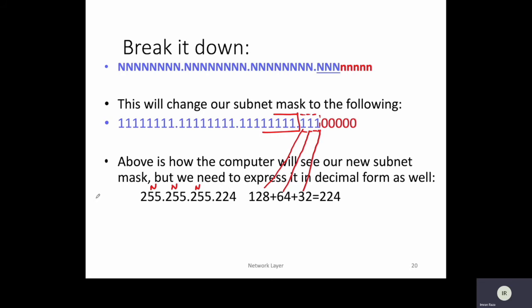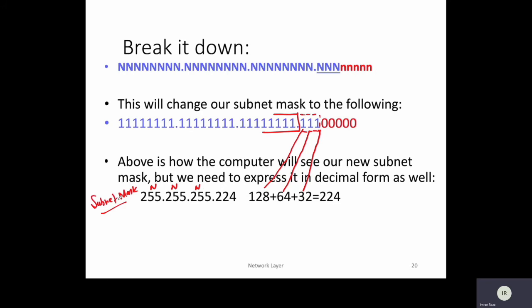So this is our subnet mask that we'll use in this subnetting process, and we'll see how it is beneficial in a minute. So the first step is to calculate the subnet mask, and that depends on how many bits are borrowed. In this case, we borrowed 3 bits from the host portion.